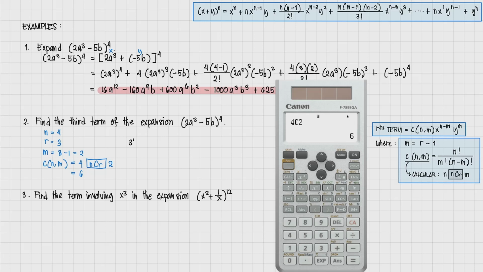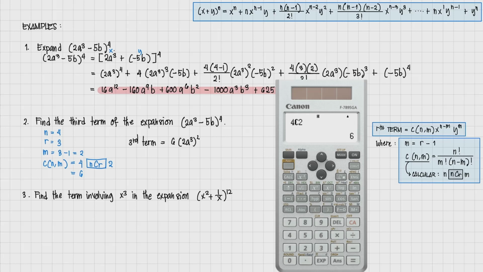So we have the third term. That's equals to 6 times x. In our case, again, we're going to rewrite this term para mag-positive siya. Ganito yung lalabas. So our x now is equal to 2a raised to 3 raised to n minus m.